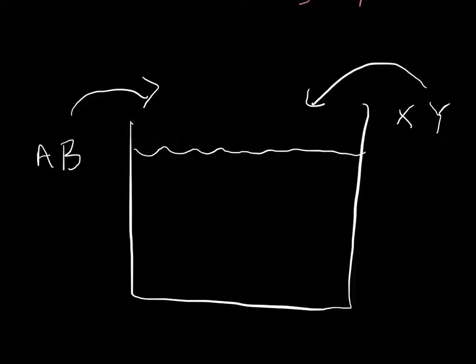That when AB gets added in, if AB is soluble, then the A's and the B's will break off and they'll go their own separate ways. So I'll have my little A cations floating around and my little B anions floating around.